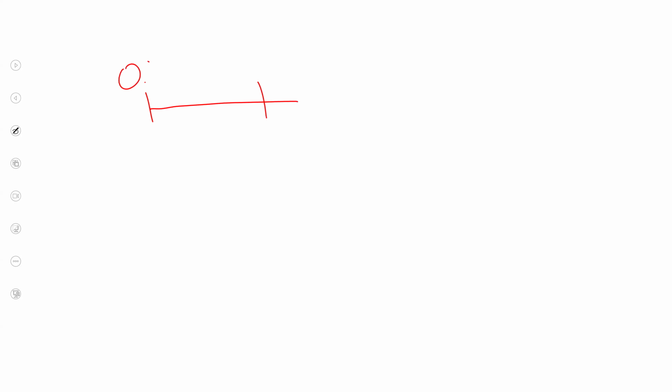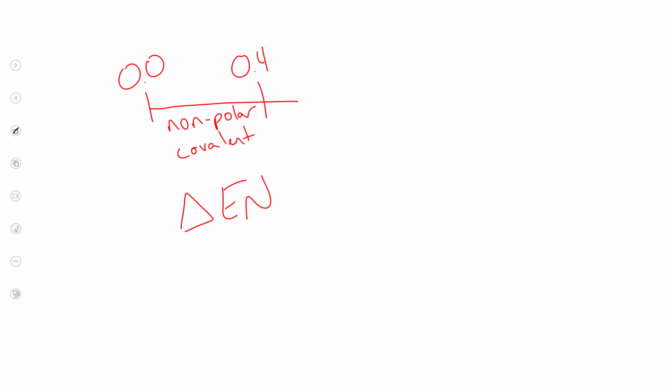If our difference in electronegativity was between 0 and 0.4, we said it was a non-polar covalent bond. And if it was between 0.4 and either 1.8 or 2, depending on what textbook you grab, we called it a polar covalent bond.